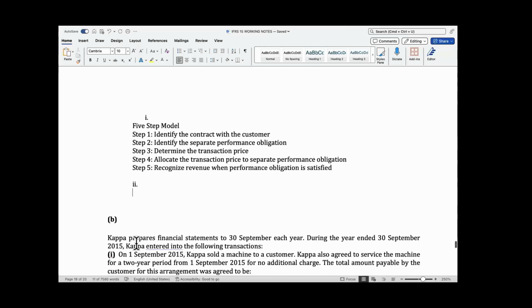So you see that the core principle. Okay, let's wait for Emmanuel. Emmanuel, go ahead, please. Okay, through IFRS 15, it ensures that recording transactions goes in line with the matching concept. How?